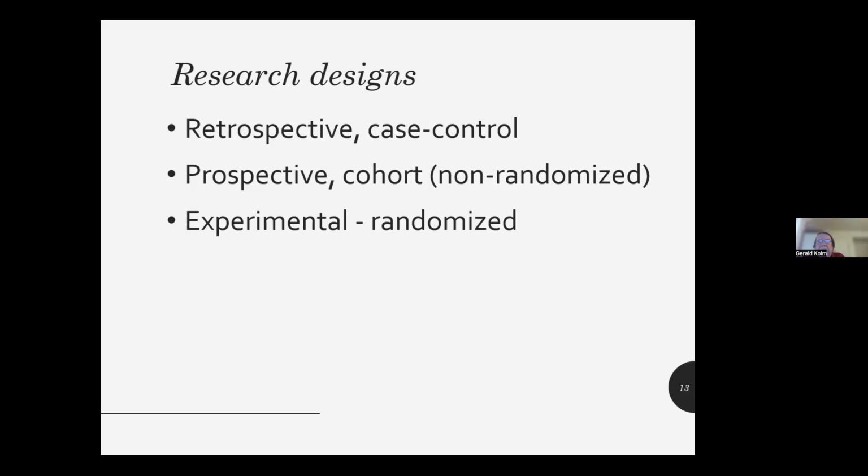In doing that, we essentially wash out any pre-existing differences that might have existed between the experimental groups. And so the experimental design, often called a randomized clinical trial, is really the strongest one for getting at cause and effect or relationships.